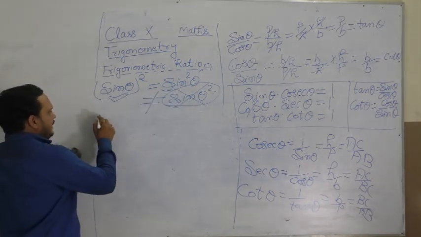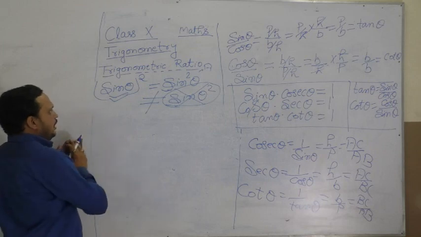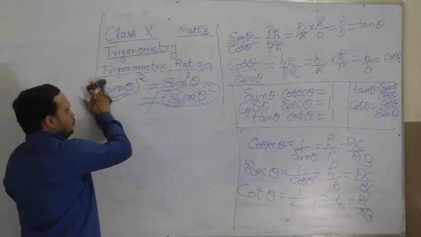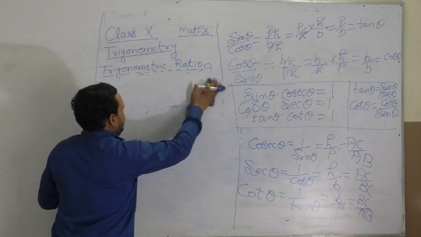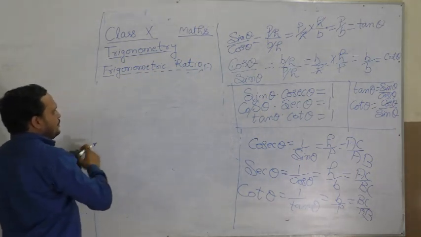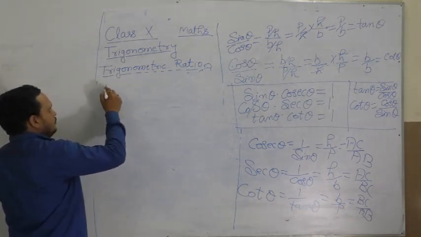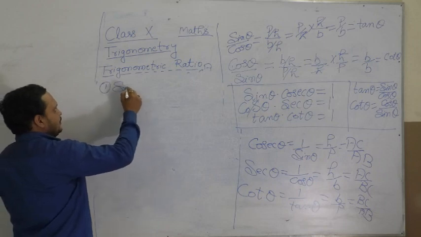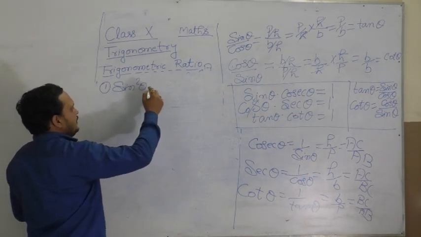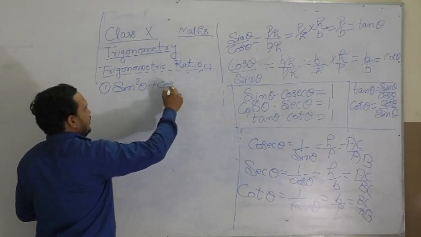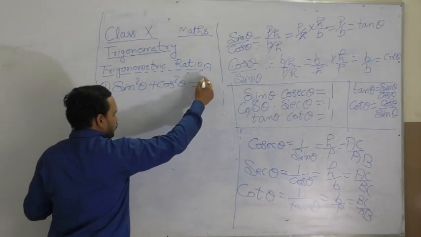Okay? Let's see, there are 3 important formulas. On the basis of these, you have to evaluate different T ratios. The first is sin square theta plus cos square theta equals 1.